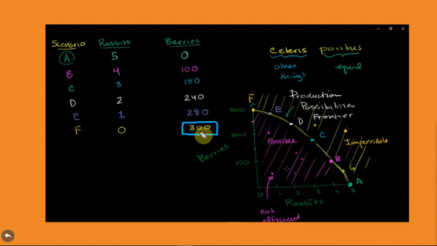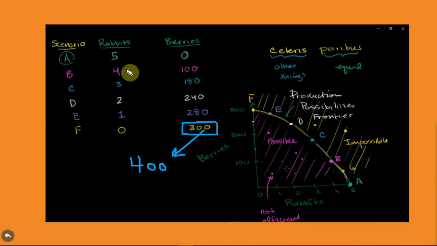If you are spending the whole day just collecting berries, you will be able to collect 300 berries. And of course, you won't be able to collect any rabbit because you're spending your whole time just collecting those berries. Let's say somehow the population of those berries has increased. It means with the same amount of time you'll be able to collect more berries.